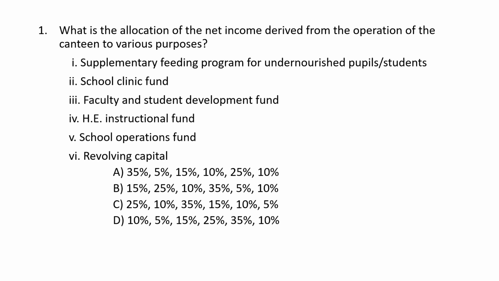Faculty and student development fund. 4. Home economics instructional fund. 5. School operations fund. 6. Revolving capital. A. 35%, 5%, 15%, 10%, 25%, 10%.